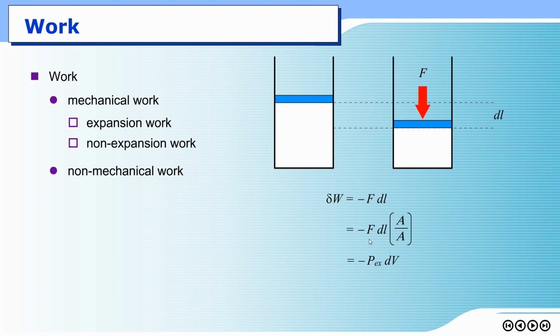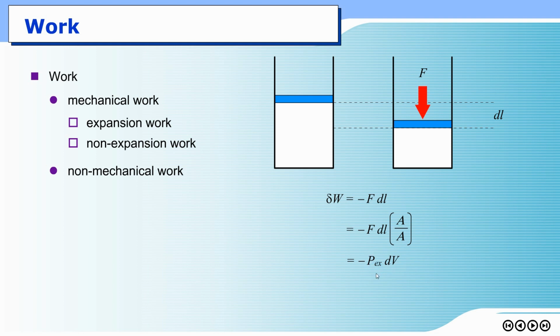The force is applied externally from the system, so this pressure is what we call the external pressure. Please remember this. By this definition, the pressure is supposed to be the external pressure.